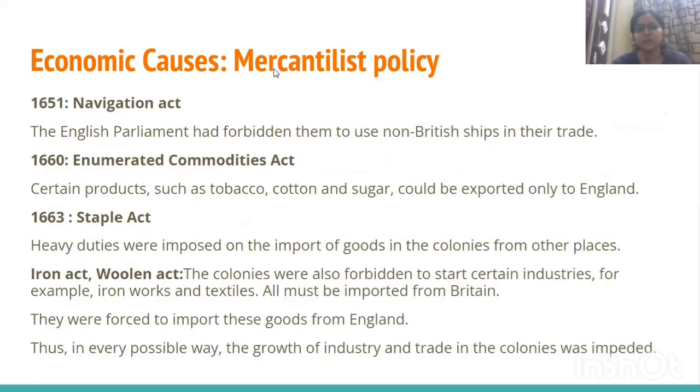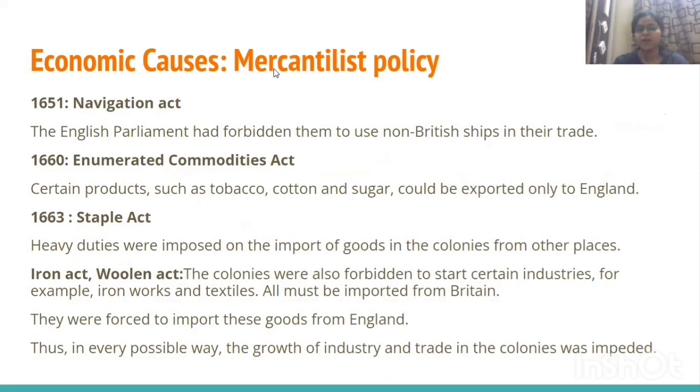So we had seen different economic acts introduced by the British. Navigation Act: the people of the colonies could use only British ships. They were not allowed to use non-British ships. Then the Enumerated Commodities Act: certain commodities could be exported only to England. Staple Act: heavy duties were imposed on import of goods into the colonies from any other place, so that they could only buy goods from Britain.